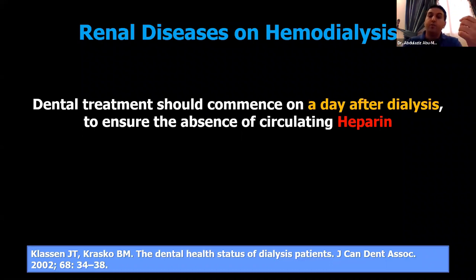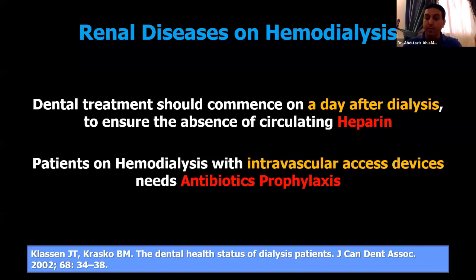If the patient's type of hemodialysis doesn't have any shunt implanted in the arm, you can go with the normal procedure. But if the patient has something intravenously implanted inside the arm, you need to go with antibiotic prophylaxis, the same as the American Heart Association prophylaxis.